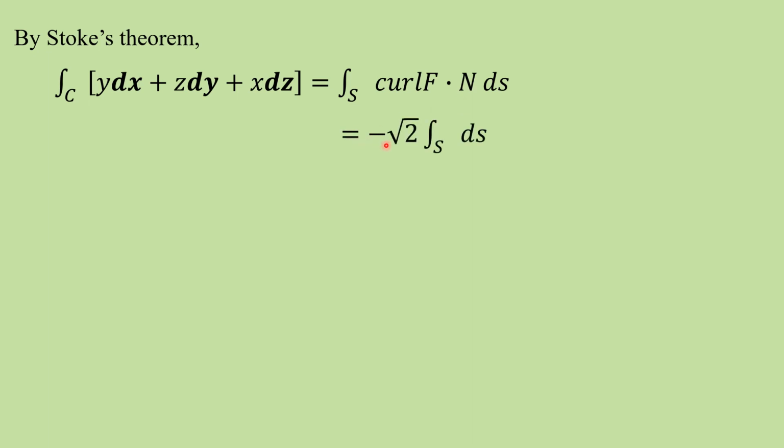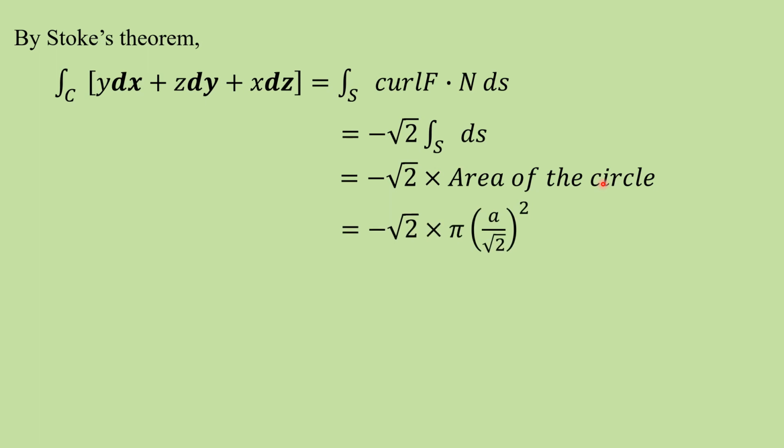So I have minus root 2 times the area of the region. The region is a circle, so the area is pi r square, where the circle has radius a by root 2. So it is minus root 2 times pi (a by root 2) the whole square, which in turn simplifies to minus pi a square by root 2.